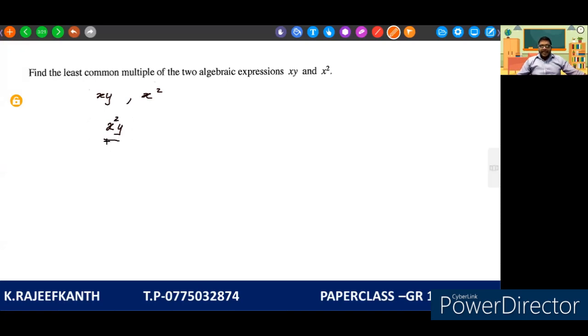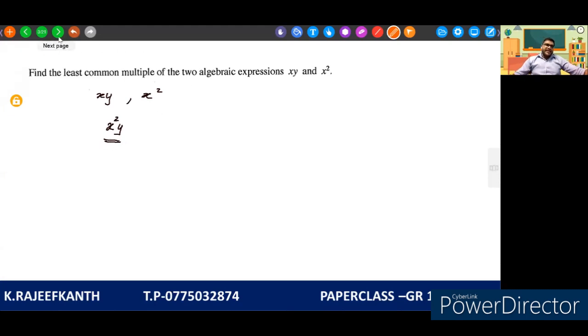Here directly we can find the LCM for these two expressions. Here x to the power 1, here x to the power 2, so we take x to the power 2. Here y to the power 1, here there is no y, that means y to the power 0, so we take y to the power 1. Then the LCM is x squared y.